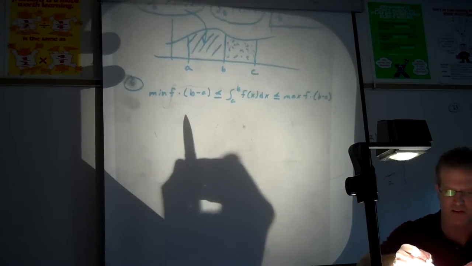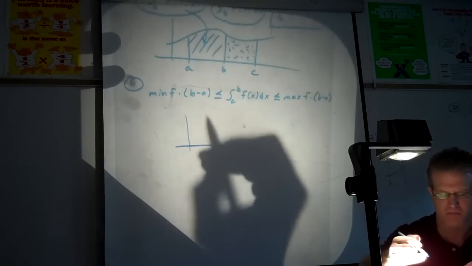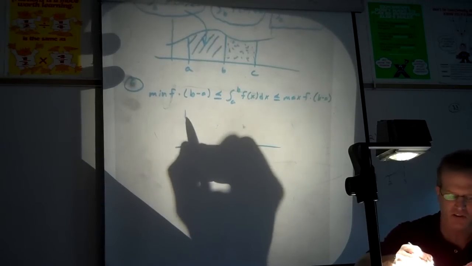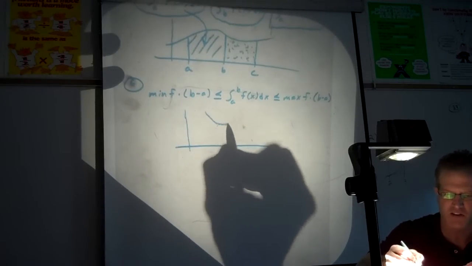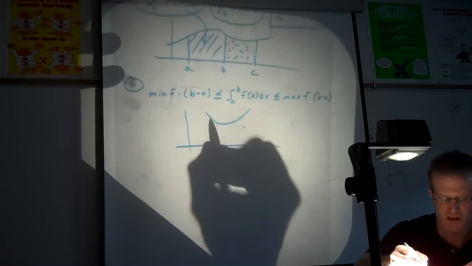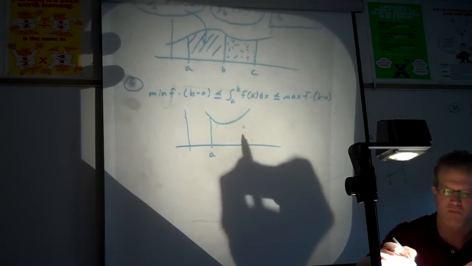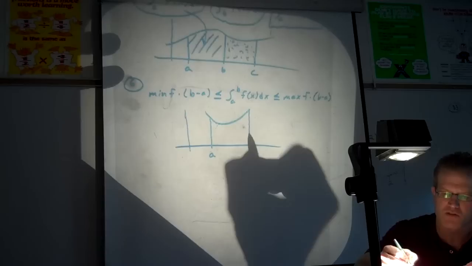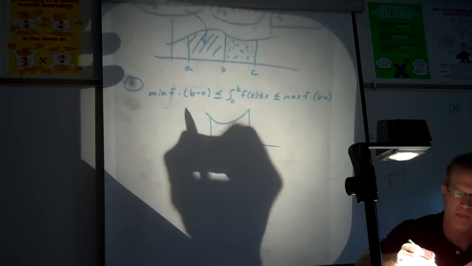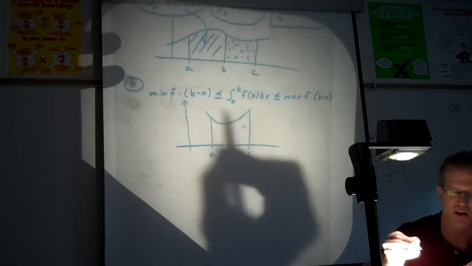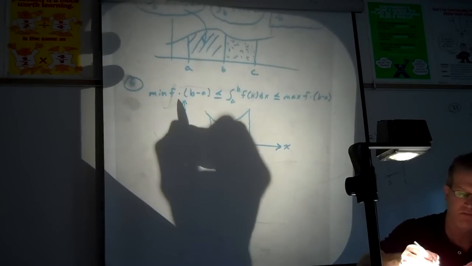The picture's going to look something like this. Let's say my f of x curve looks something like this. Let's say a is right here, and b is over here. This is my f of x or y-axis. This is my x-axis.